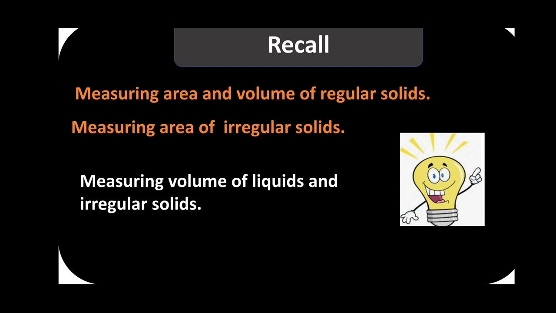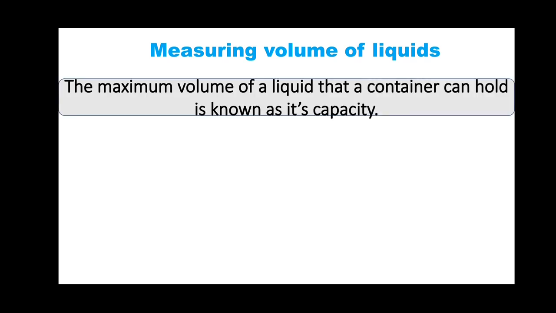First of all, let us discuss the method for measuring the volume of liquids. We know that liquids do not have a fixed shape. They take the shape of the container they are kept in. The maximum volume of a liquid that a container can hold is known as its capacity.